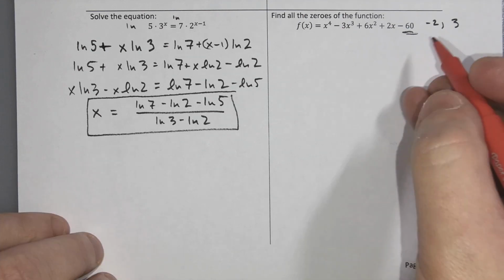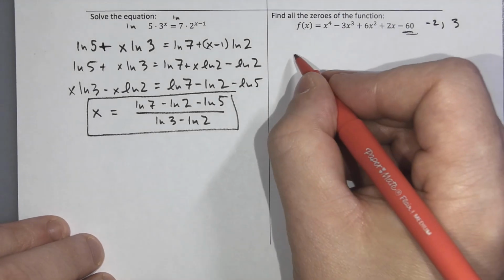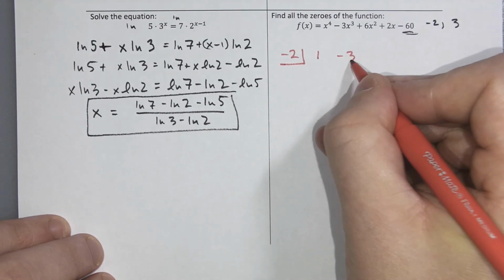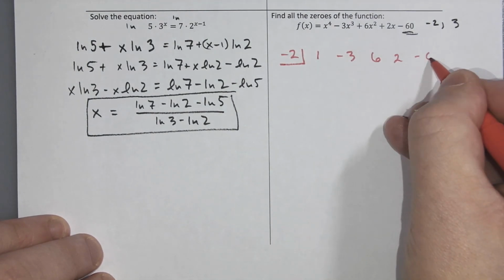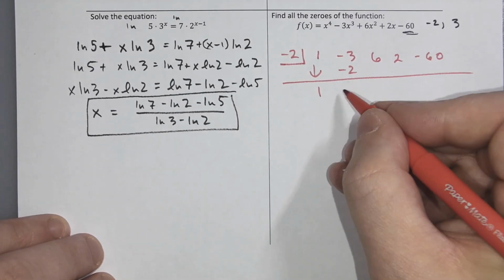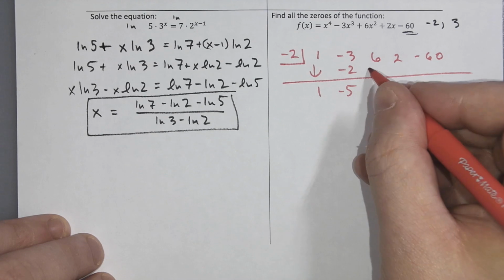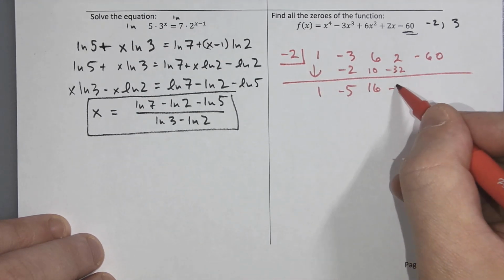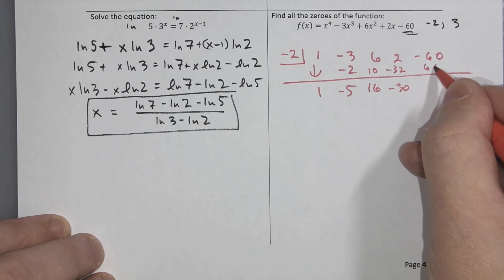So let's see what we end up getting. We're trying to find all the zeros. I think those are zeros, but let's make sure. Does -2 as a root go into 1, -3, 6, 2, -60? The answer is 1, -2, -5, 10, 16, -32, -30, 60.